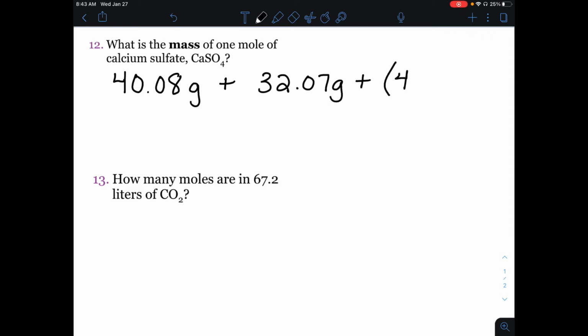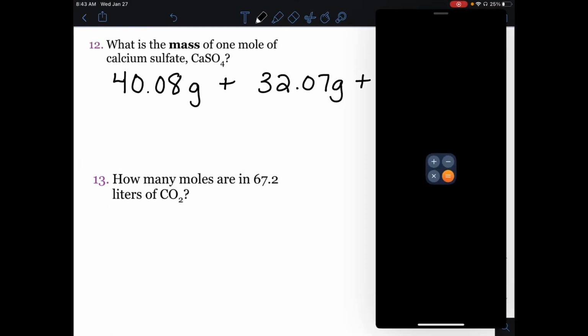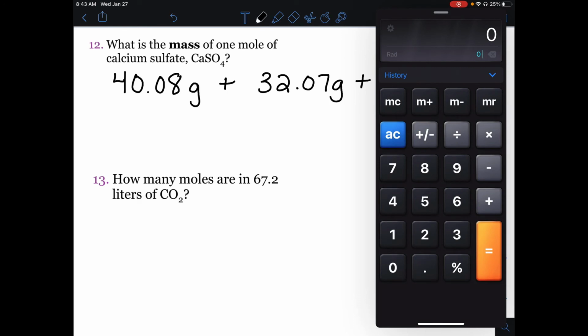So that's why I have to have 4 times oxygen has a mass of 16 grams. So those are the numbers that I'm adding together. Make sure when you use your calculator, depending on what calculator you're using, you're putting those in your calculator correctly, right? I am going to start with my oxygen, which was 4 times 16.